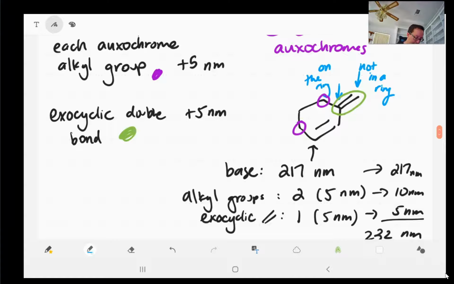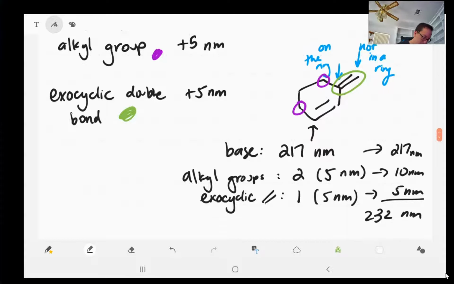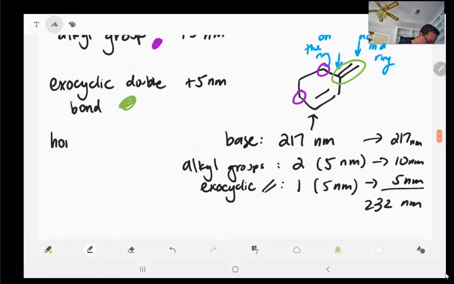And let's see, do I have room for the last one? Okay, so we have one last one, which we will call a homoannular diene. More vocab words here.